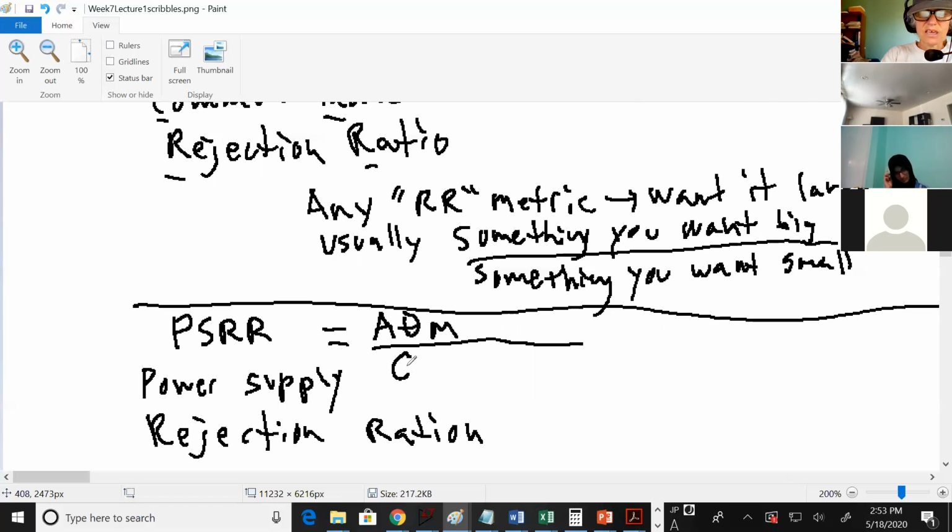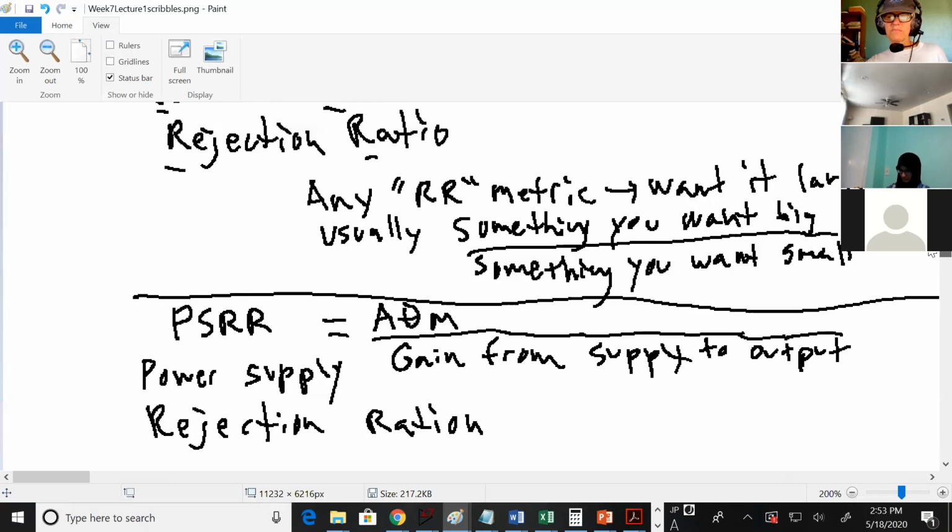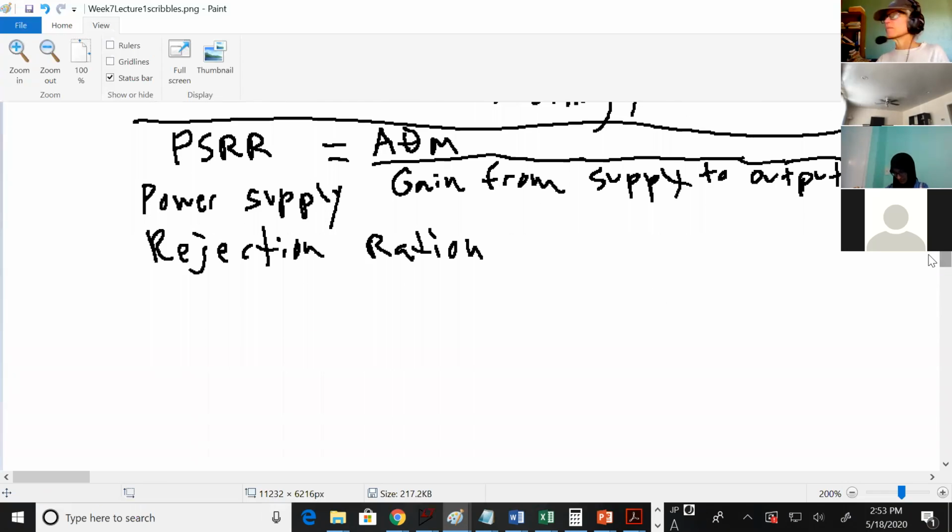So this is gain from supply to output. And supply can be ground, or it can be VDD or VCC. So it's not the input signal, it's coming from one of the power rails. And let's look at an example. The common mode rejection ratio is something that you use with differential circuits.